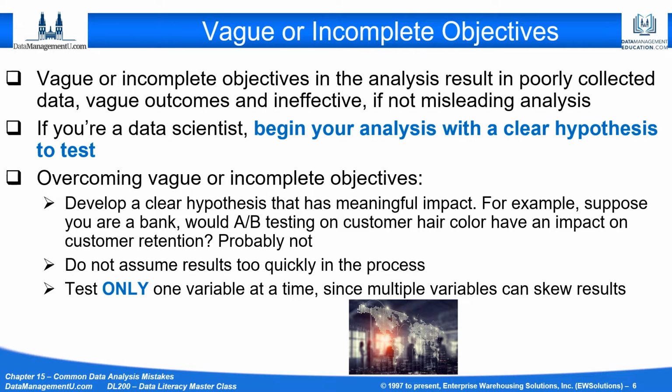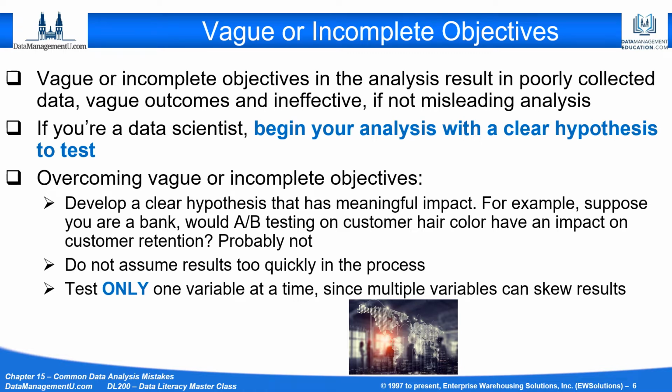I'm guessing it doesn't. You may say I'm biased on that, and that would be a very entertaining and interesting response, but probably that isn't going to make a whole lot of difference in our customer retention rate. So make sure you have a good hypothesis that's clear and that can have a meaningful impact.